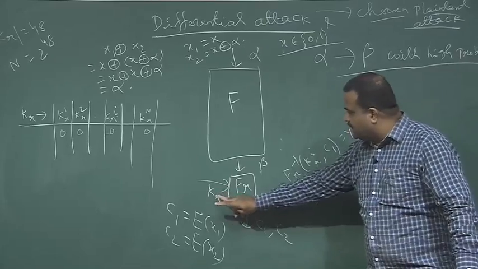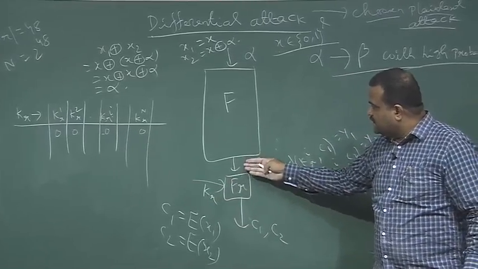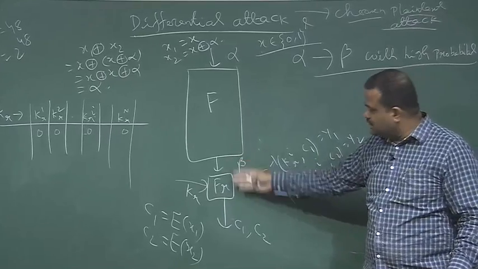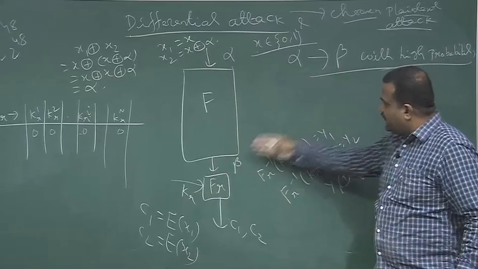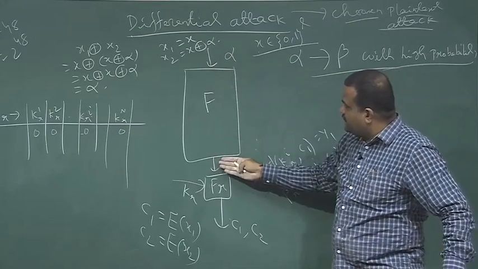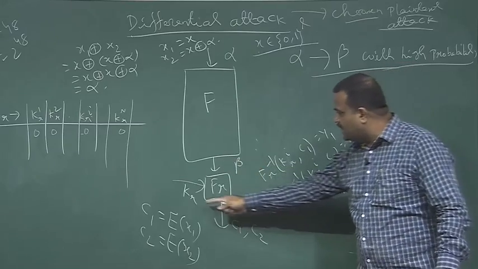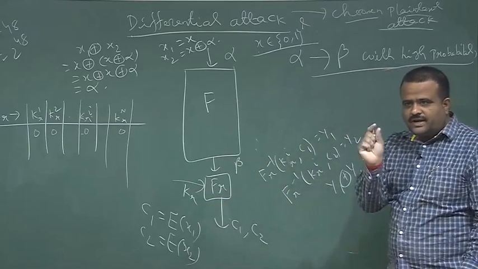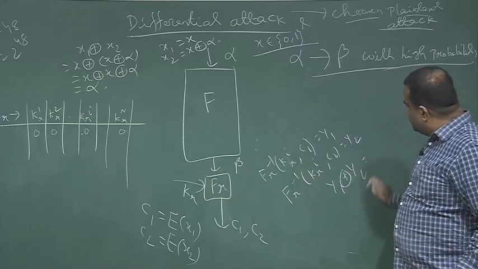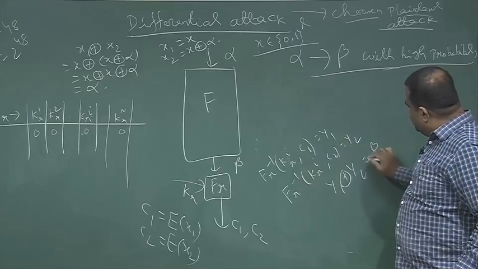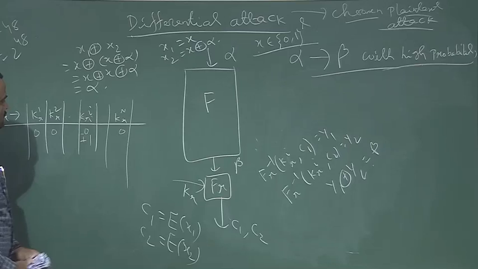If ki is the correct key, then it should give us the difference beta here, because beta is the output difference of f if the input difference is alpha. To reach here, we need to know this key. So we are guessing, taking the key equal to ki as a candidate key. If it gives us beta, then we increase the counter by plus 1.